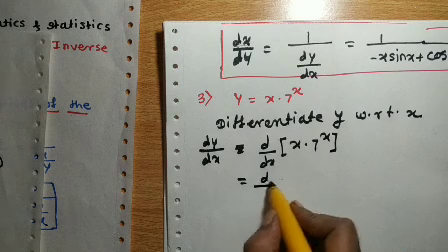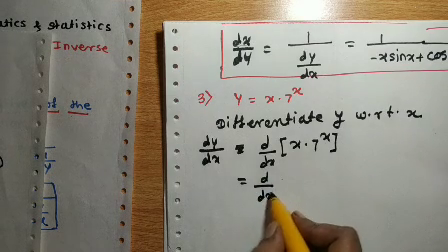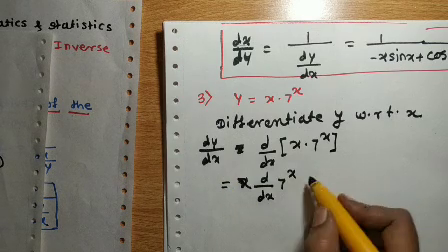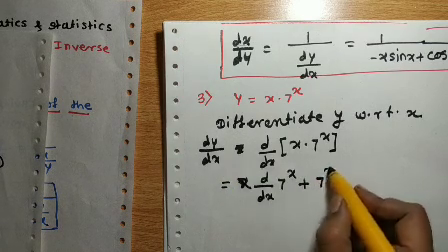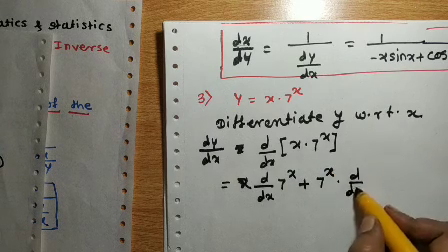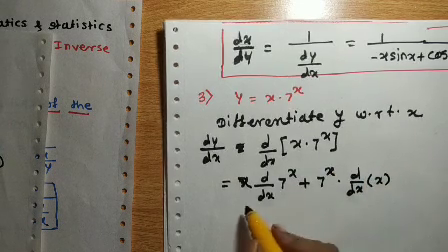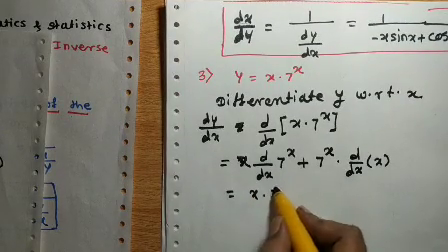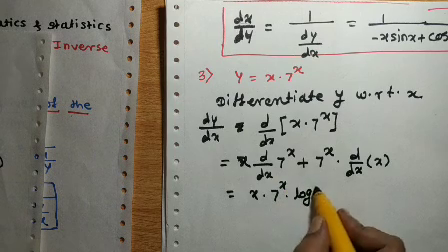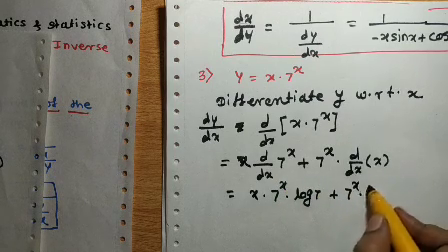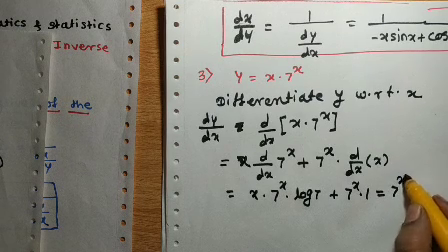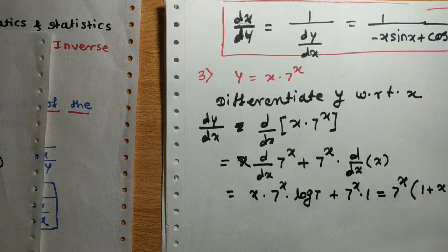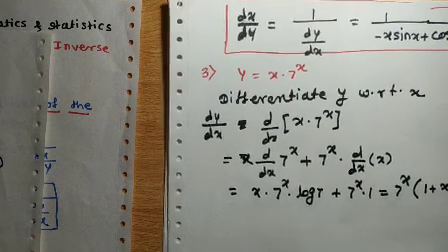Keep x as it is, take the derivative of 7 raised to x, plus keep 7 raised to x as it is and take the derivative of x. That is x as it is, the derivative of 7 raised to x is 7 raised to x into log of 7, plus 7 raised to x into 1. Taking 7 raised to x common, this is 7 raised to x into 1 plus x into log of 7. This becomes dy by dx.